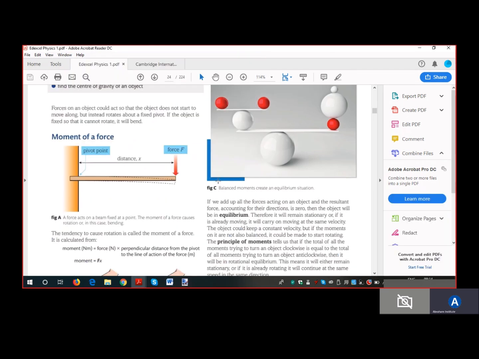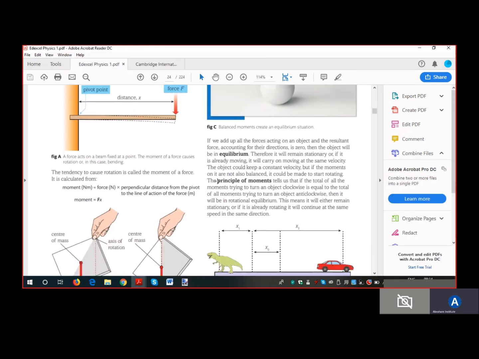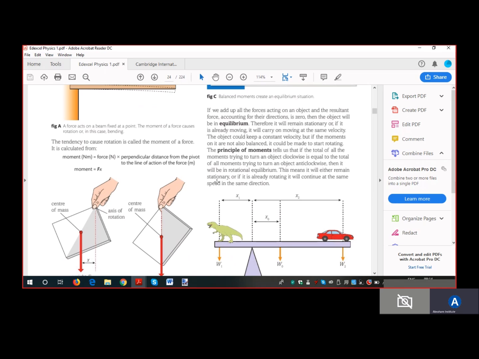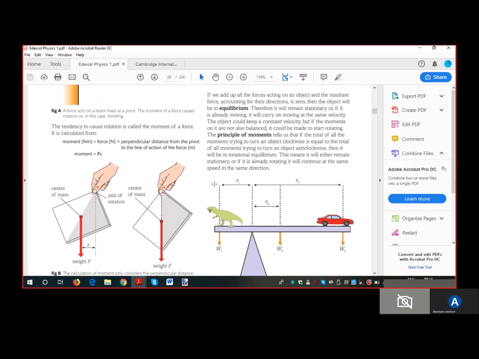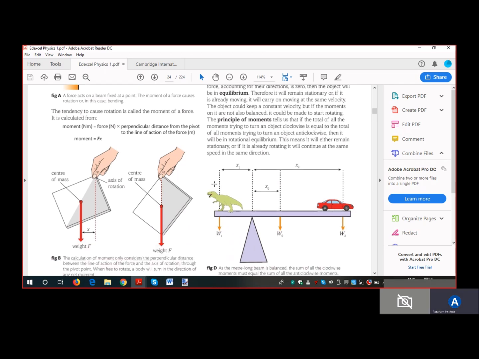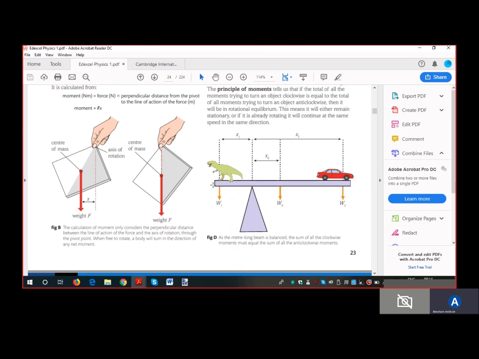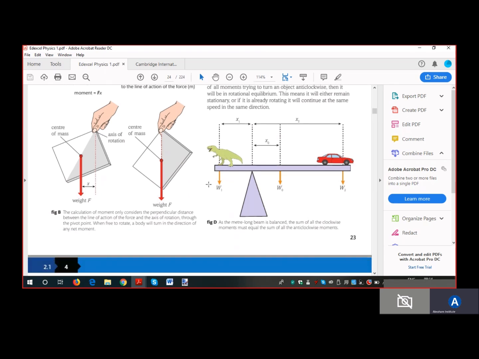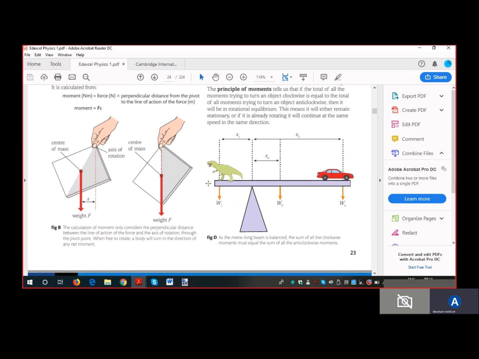Now let's continue. Someone asks about coupling moments. Yes, we will see those. That's also related to this. We also have something about torque, if you consider a steering wheel. We will see that.